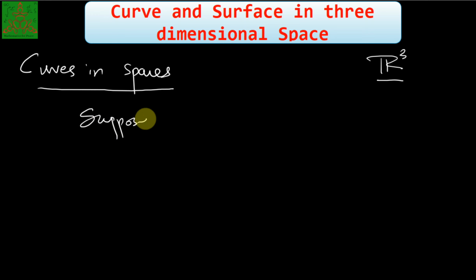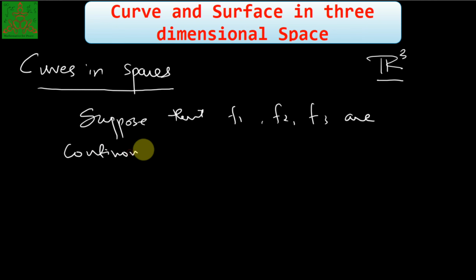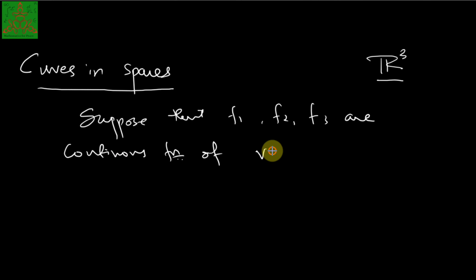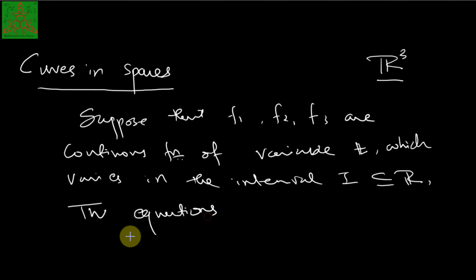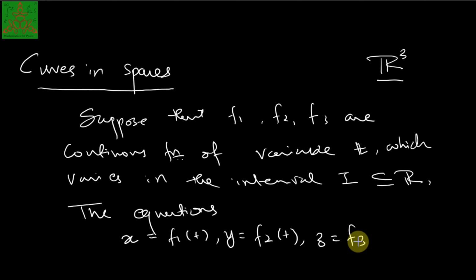Suppose that f1, f2 and f3 are continuous functions of variable t, which varies in the interval I, which is a subset of R. Then the equations x is equal to f1 of t, y is equal to f2 of t, and z is equal to f3 of t, where t belongs to I, represent a parametric equation of a curve in three-dimensional space.